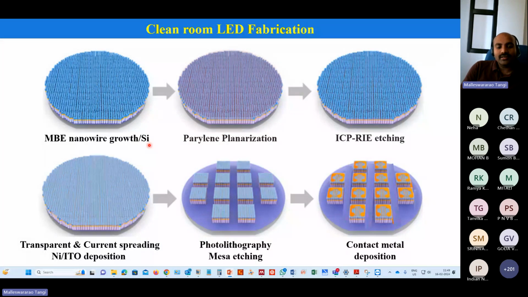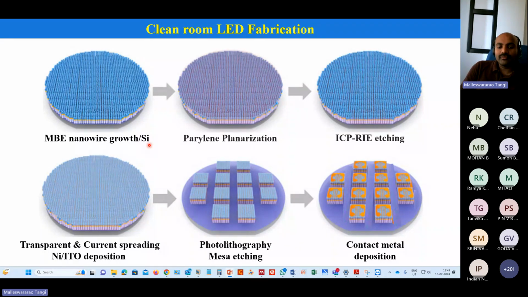It also acts as a current spreading layer. When you inject current into the device, it will inject uniformly across the device if we have a highly conductive nickel ITO deposition. That is the role of nickel ITO deposition here.